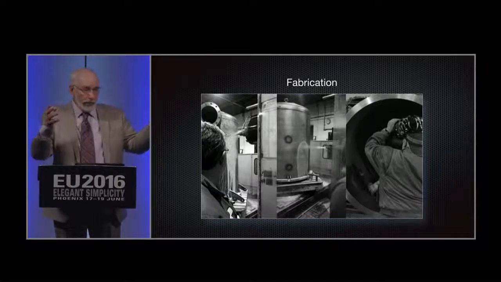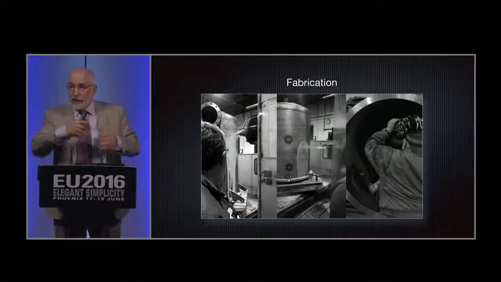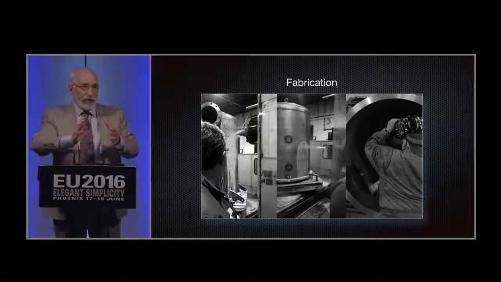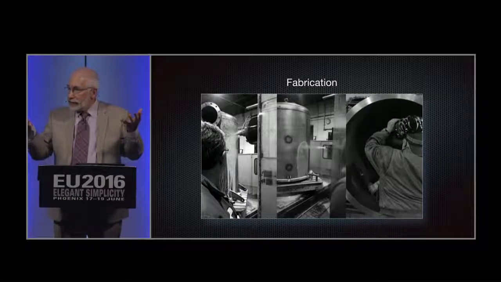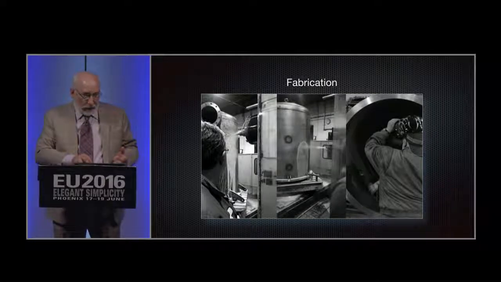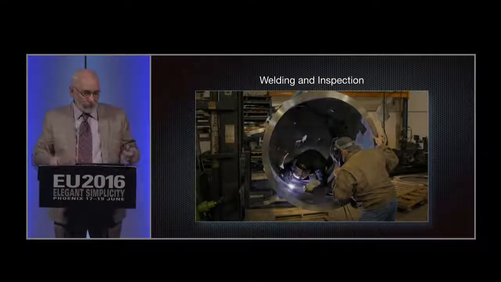They go on big boring mills, and you have to drill holes in them and prepare the holes for the feed-throughs and the flanges and the glass and all the different parts. This is what it takes at the fabrication level. There's a lot of parts, and they all have to fit together the first time.